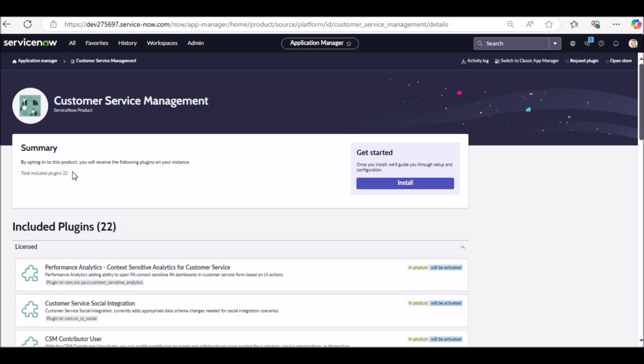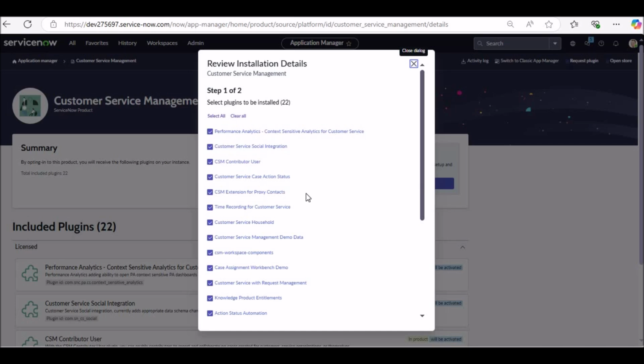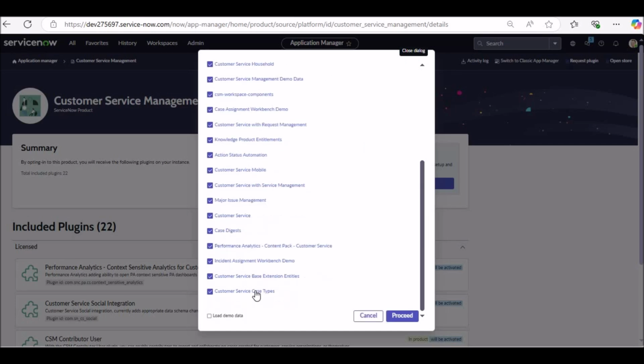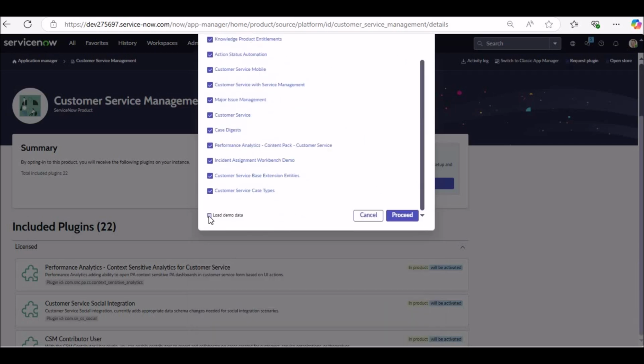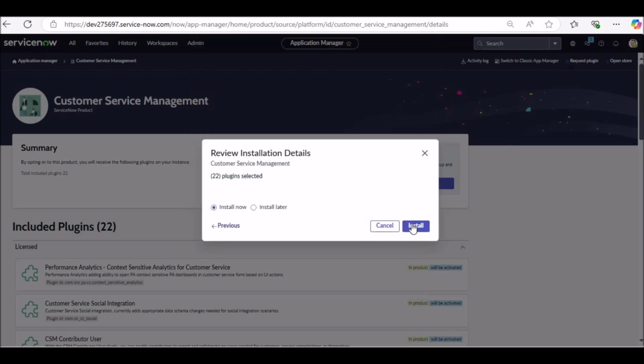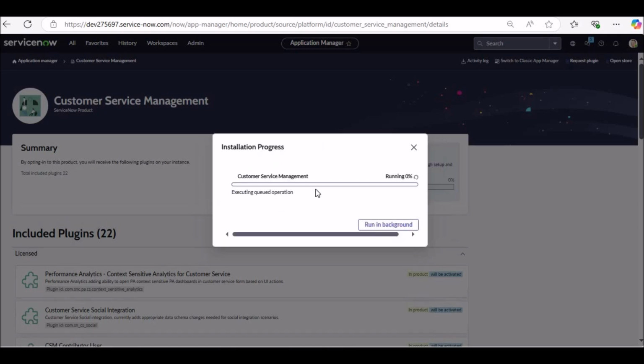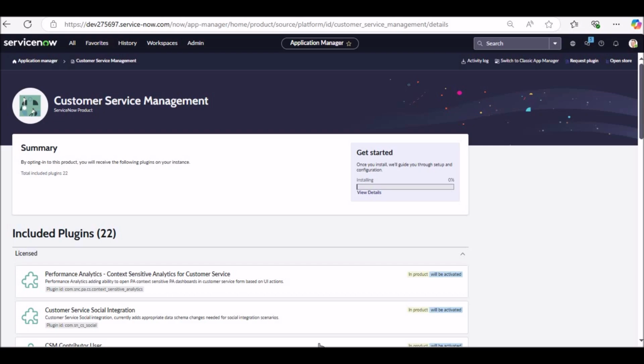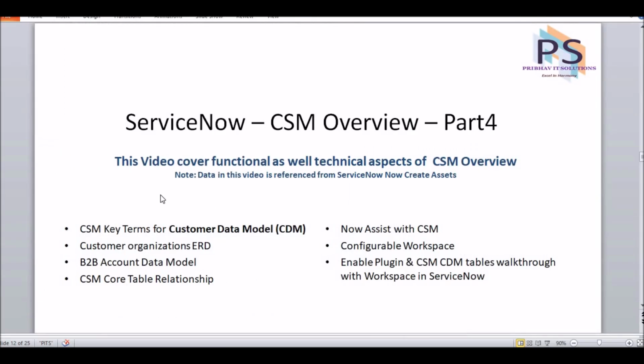By default there are 22 to 25 plugins, and you can go and install them. Installation is started. I'm pushing it in the background, and now going to our discussion of the functional aspect.